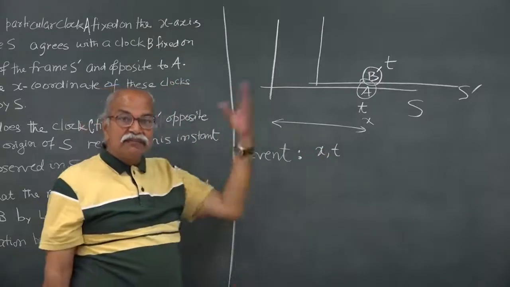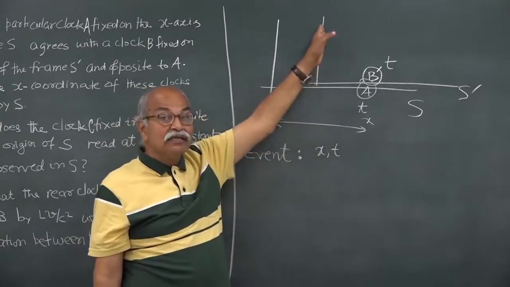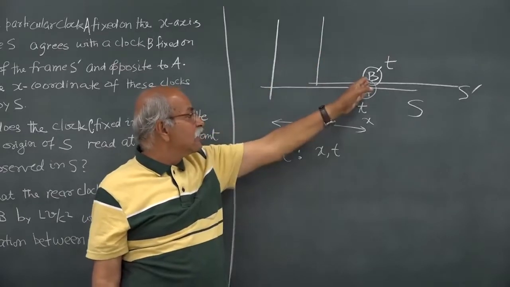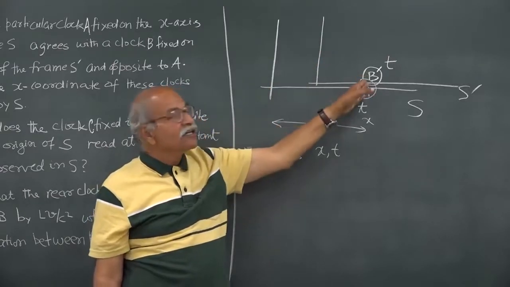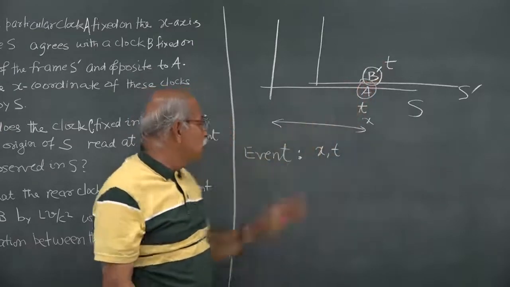When you make the transformation for this same event as seen from S prime, what is the time? So, since the event is occurring here, the clock here will read that time, and that time is t, it should be t prime.